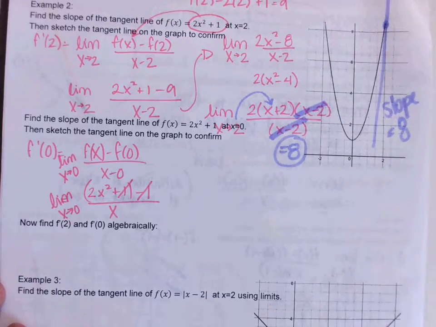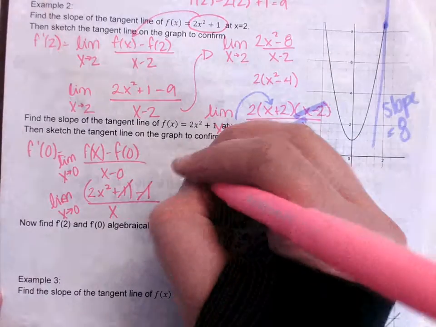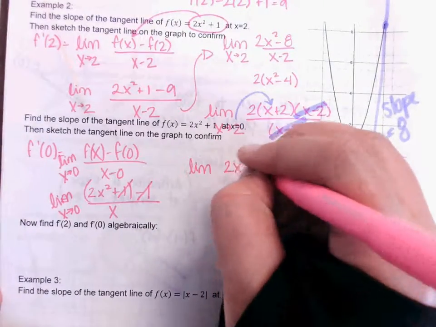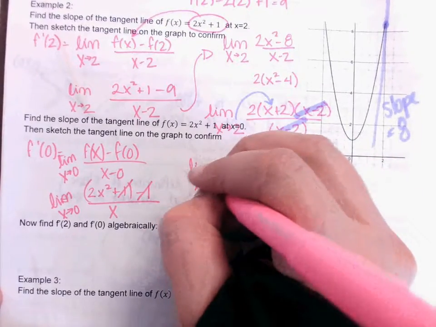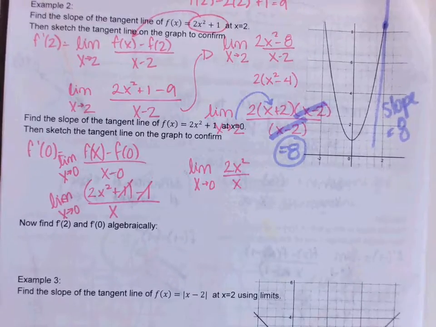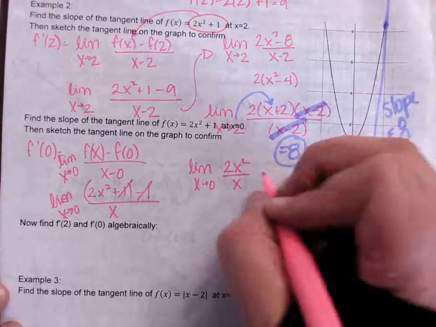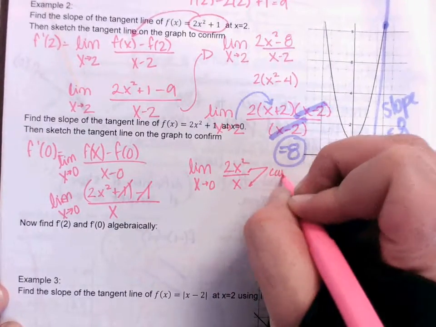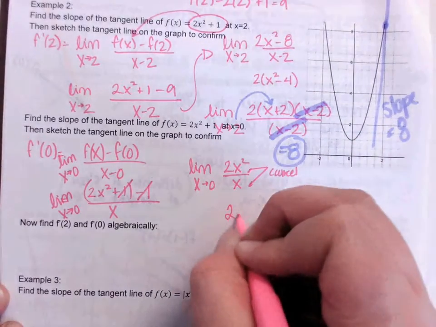So then now what's left over is the limit of 2x squared over x as x approaches 0. I don't even have to really factor that. What's going to happen if I have an x on top and an x on bottom? These guys can cancel and leave me with just a 2x.